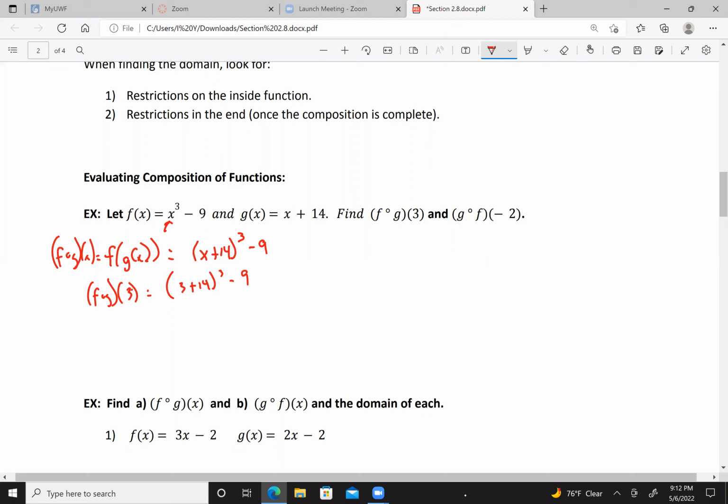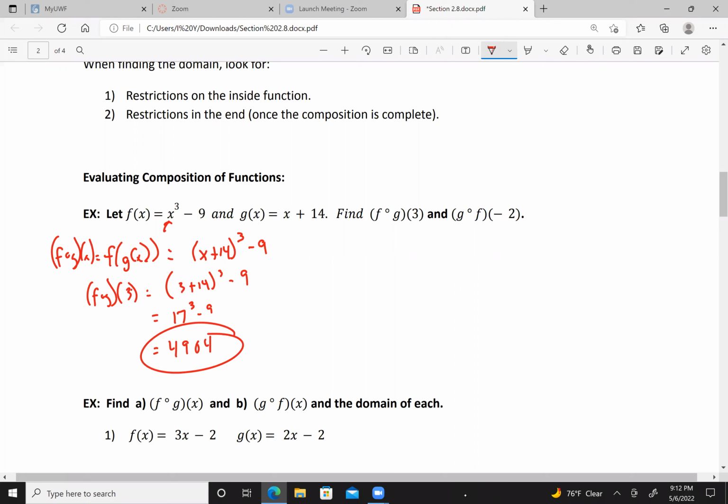So we have 17 cubed minus 9, and that gives me 4,904.